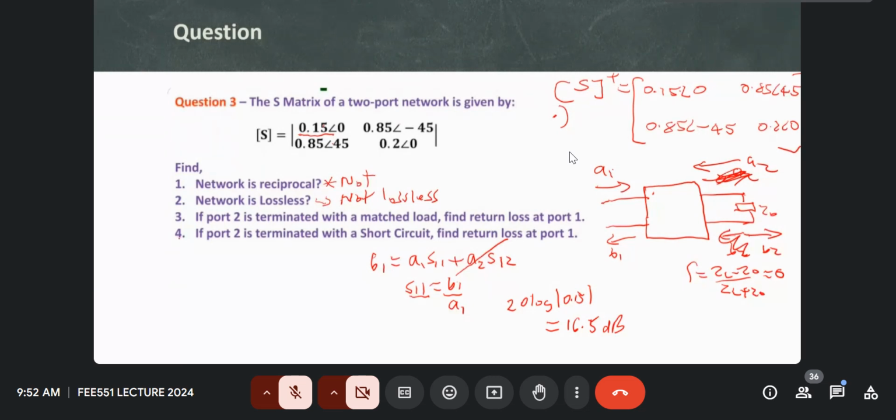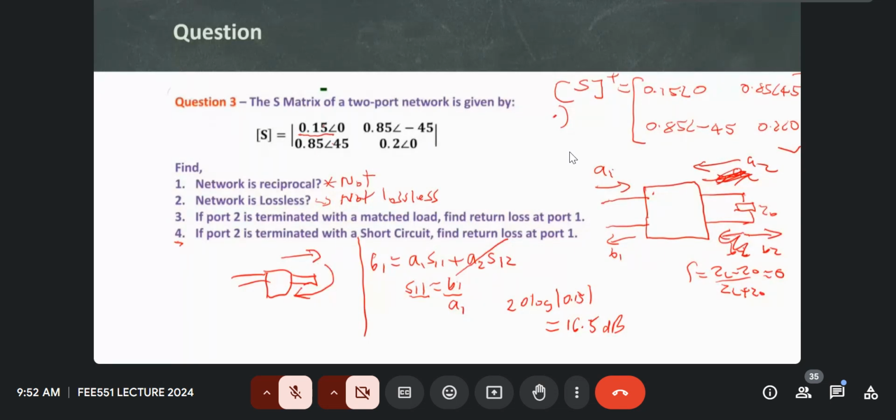And now for number 4, I'll just give you an idea, but you will do it. I'll send the answer maybe later. If port 2 is terminated with a short circuit, now if you have a short circuit instead of a match load, that means what entered this port will go back like this.